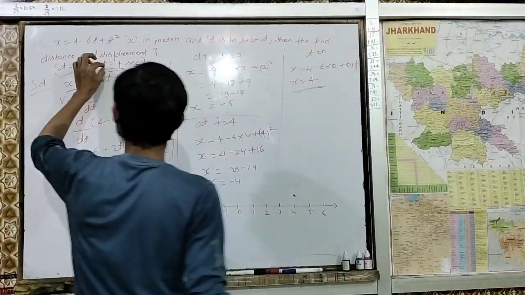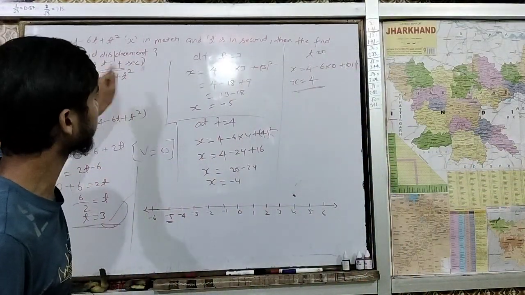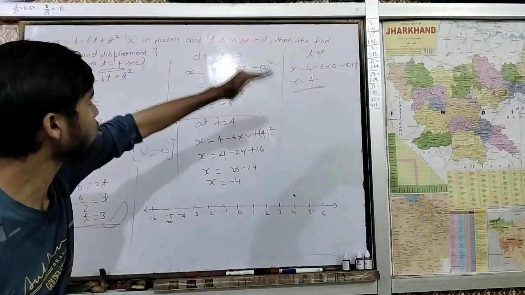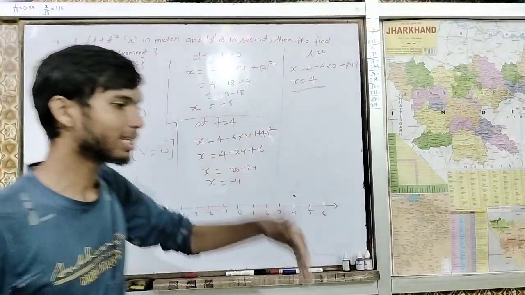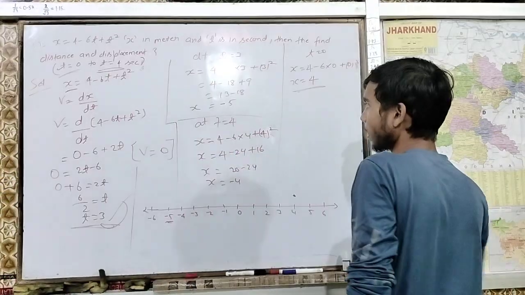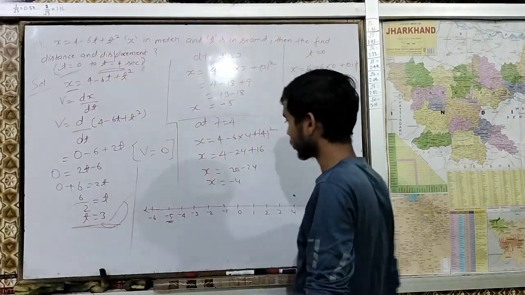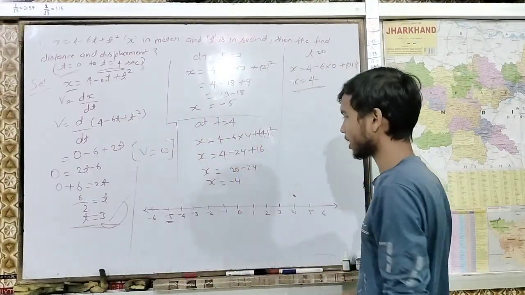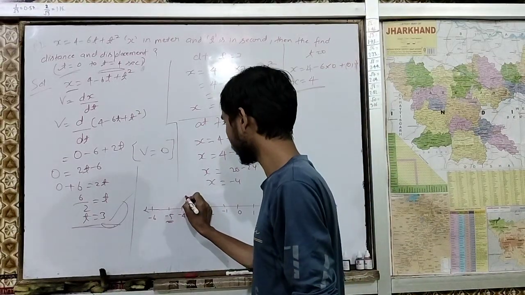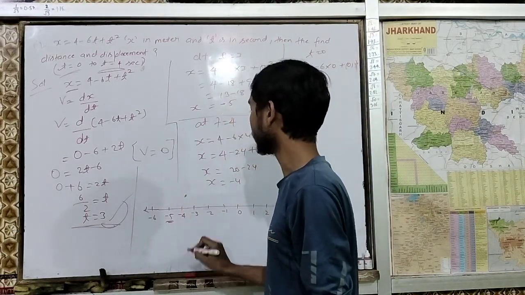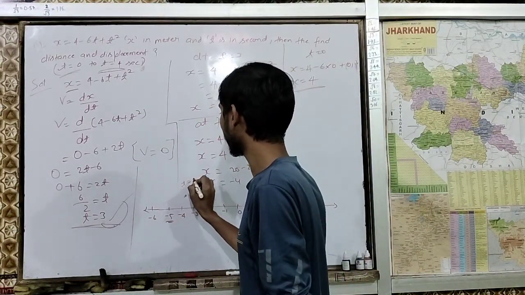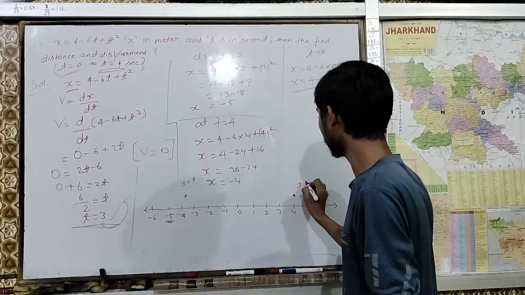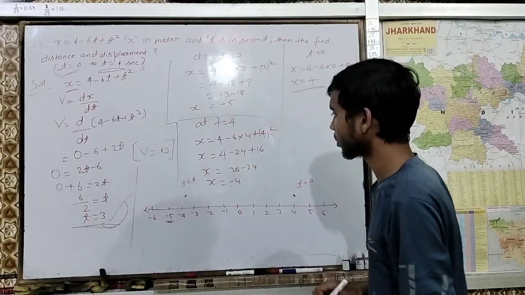Now, if in the next case t is equal to 4, then what is the value of x according to this equation? So here t is equal to 4, x is coming minus 4. So this over here, where t is equal to 4, and here t is equal to 0.